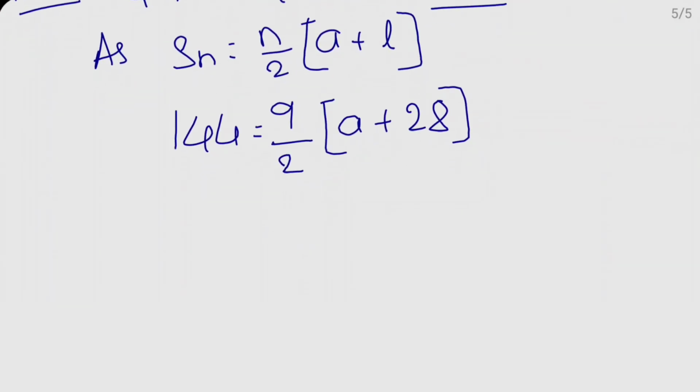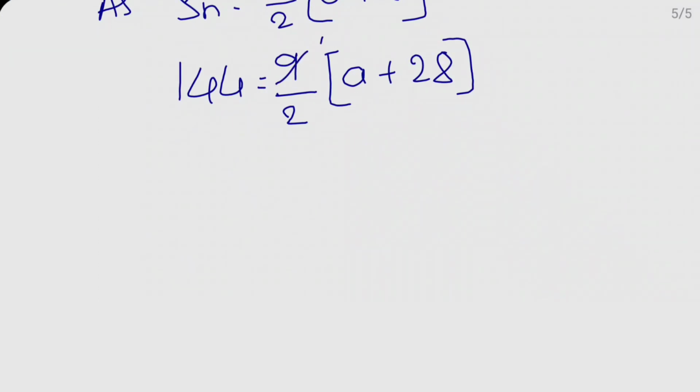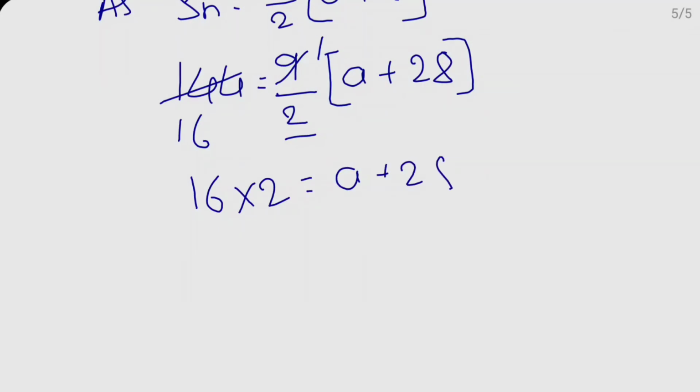Is it clear? So here 9 ones are 9, 9 sixteens are 144, right? So here 16 into 2, this 2 comes to the LHS side, it becomes a multiplication and this equals A plus 28. Any doubt here? 16 remaining and this 2 comes to the LHS side, it becomes a multiplication and remaining term A plus 28, right?